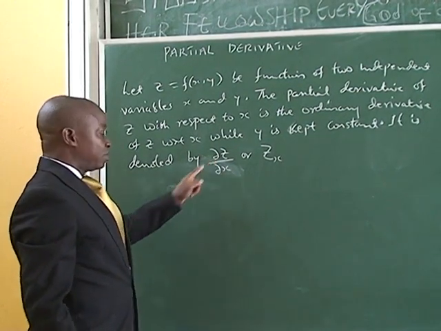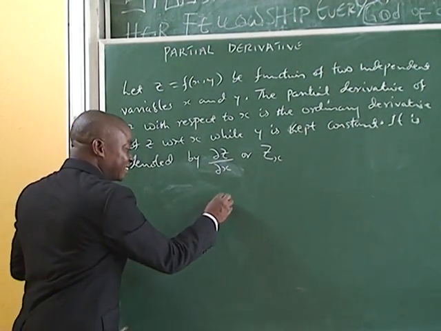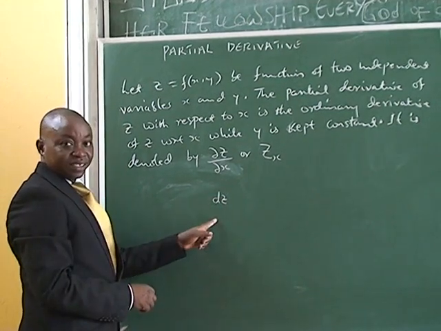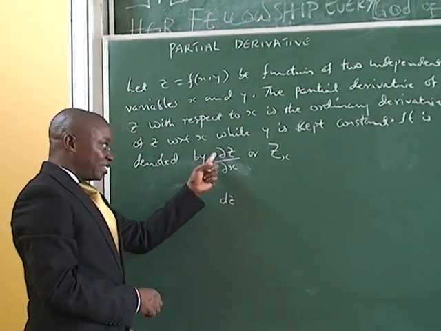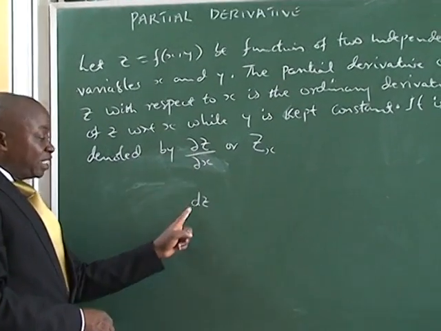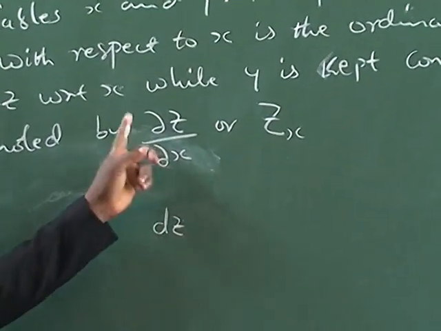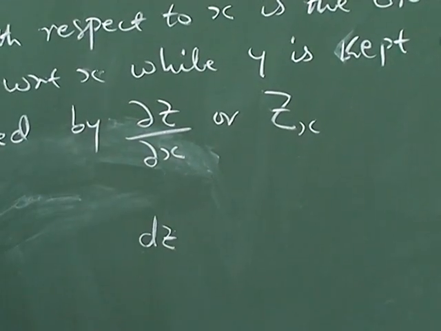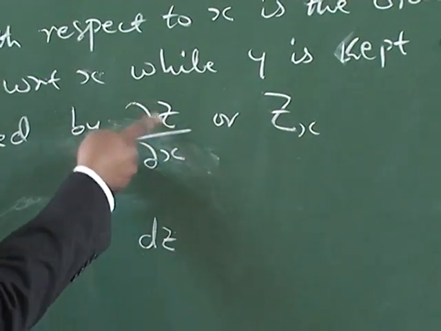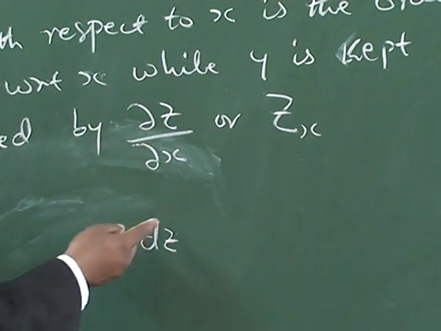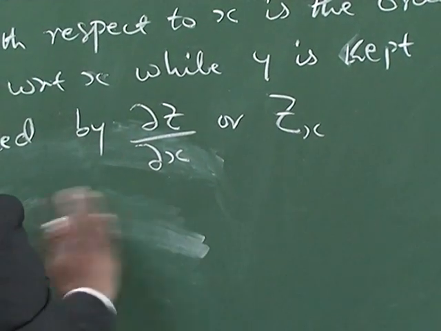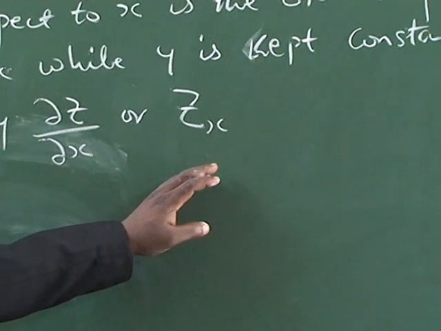Note that this one is not dz dx. It's not d. See the new notation for partial. This one is for elementary calculus, we use dz dx. But this one is partial. So when you see this, look at the curving of it. Partial. Alright. So it's denoted by this.